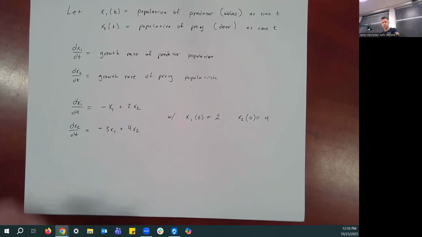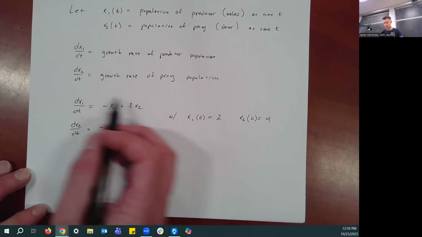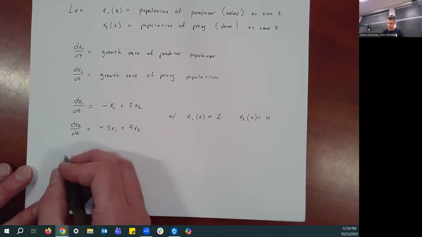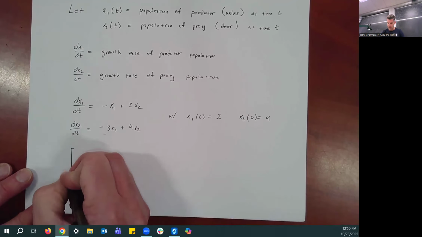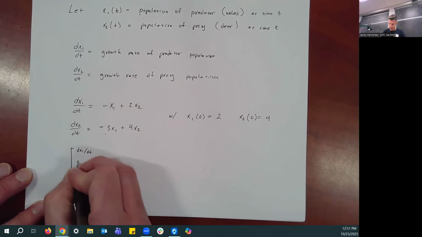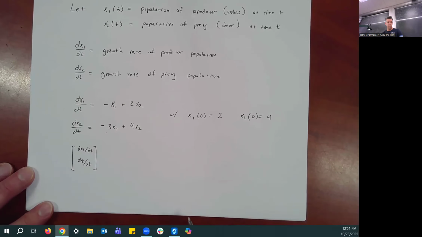All right, so now here's the deal. This system of equations can be written as a matrix equation. We can write this side as a vector: dx1/dt, dx2/dt, the first and second components of this 2 by 1 vector.